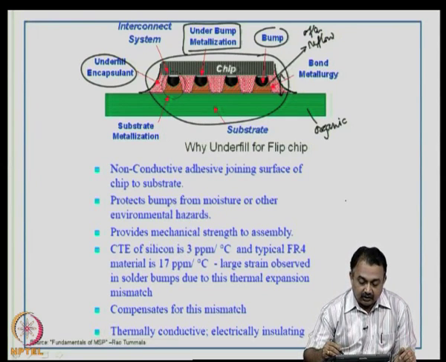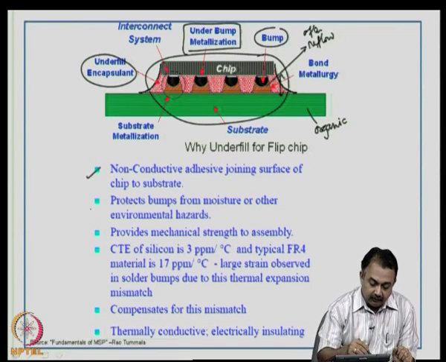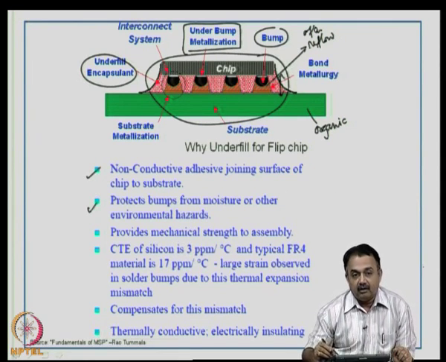Non-conductive adhesive joining surface of chip to substrate. So, underfill is basically a non-conductive adhesive material, it is not a conductive material. It is used in between the chip surface and the substrate surface. It protects the bump from moisture or other environmental hazards.